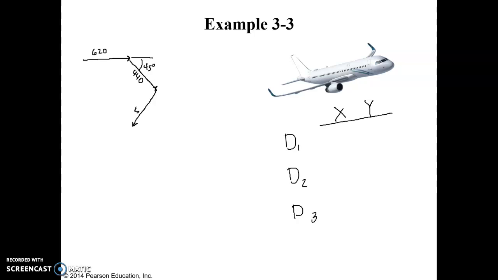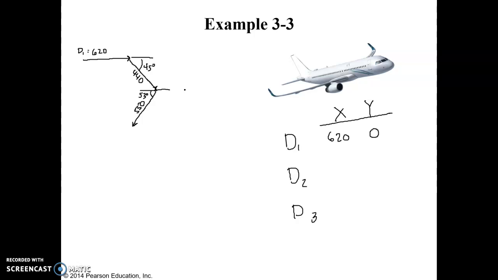It was 550 kilometers, and it made an angle with the horizontal of 53 degrees. That's 53 degrees south of west. So if we start with D1, its X component is 620, and its Y component is 0.